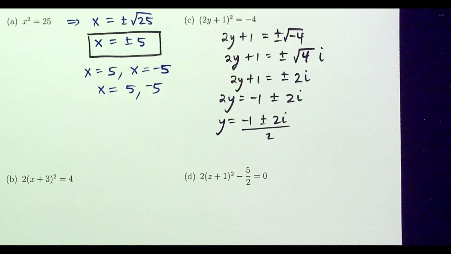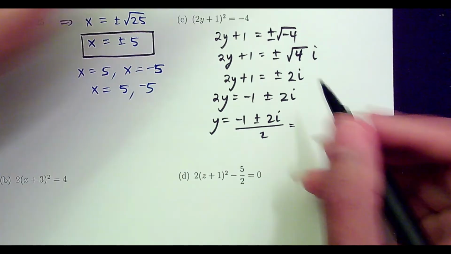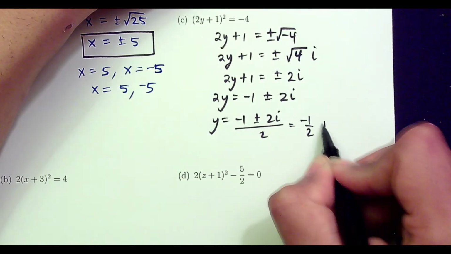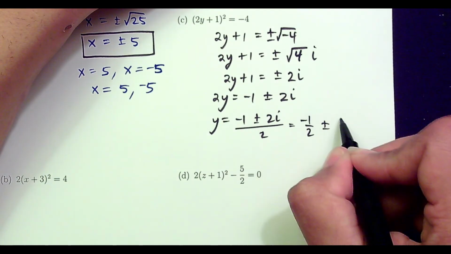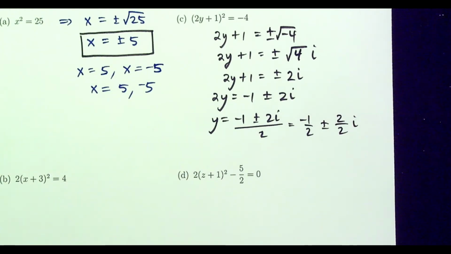And then remember that complex numbers are not reported like that. You cannot report this number like that. This is not a standard form. You have to split this. So this is going to be negative 1 over 2 plus or minus 2 over 2 i. But again, 2 over 2 can be simplified, so you should.